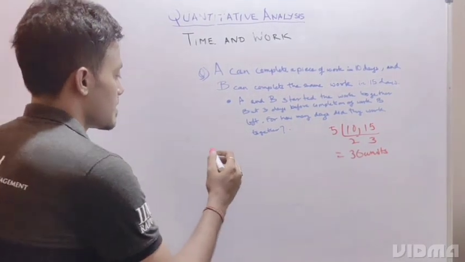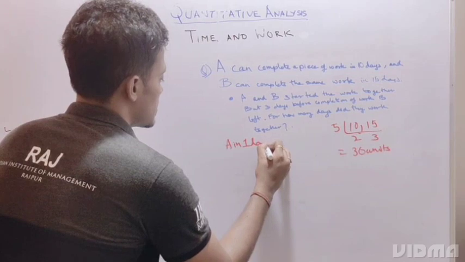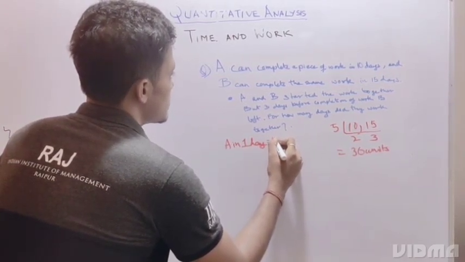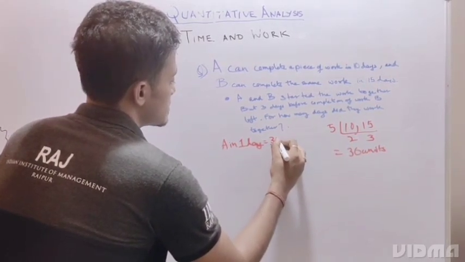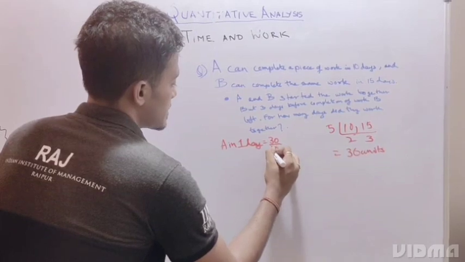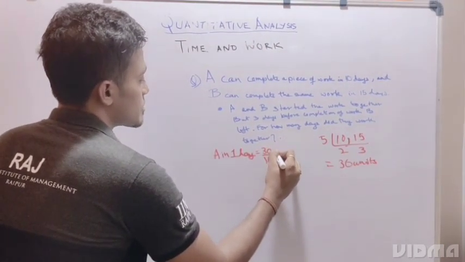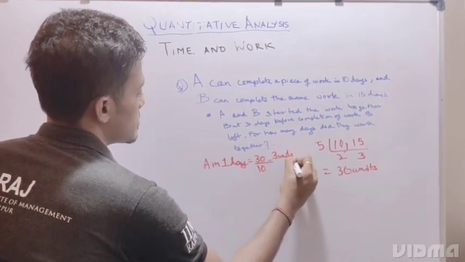Now A in 1 day does how many units of work? 30 by 10. 10 days needed, 30 is the total, 10 days needed by A to complete the work. 30 units of work needs to be done. So each day A does 3 units.